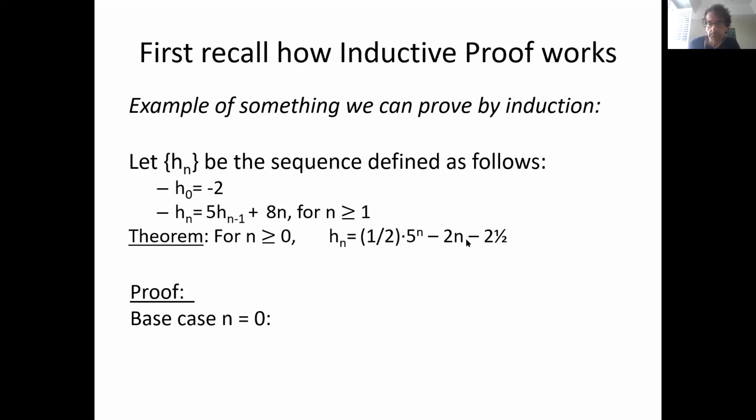Why this one? We'll see this in a few weeks. But perhaps you can simplify this and see what would happen if hn was 5 hn minus 1 without this term. Then this is actually a geometric formula, right? So you would have just powers of 5 accumulated.